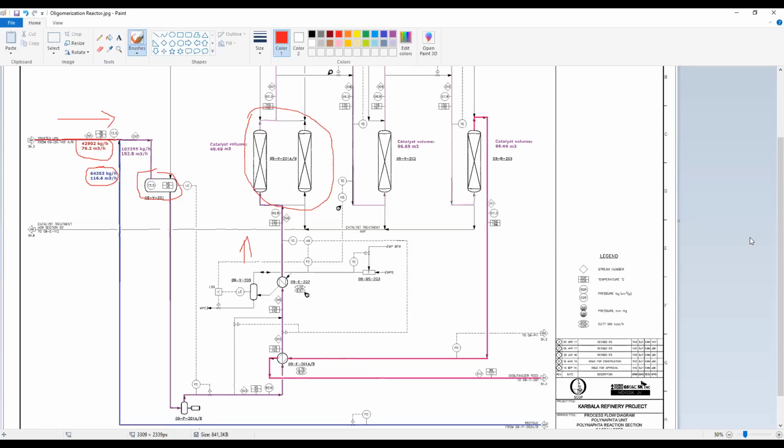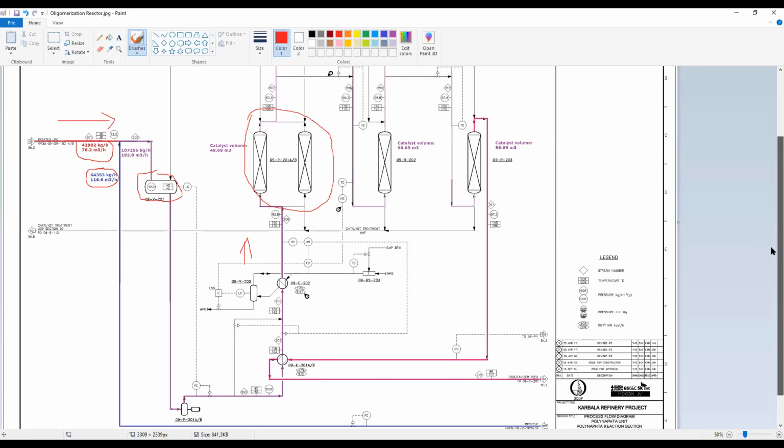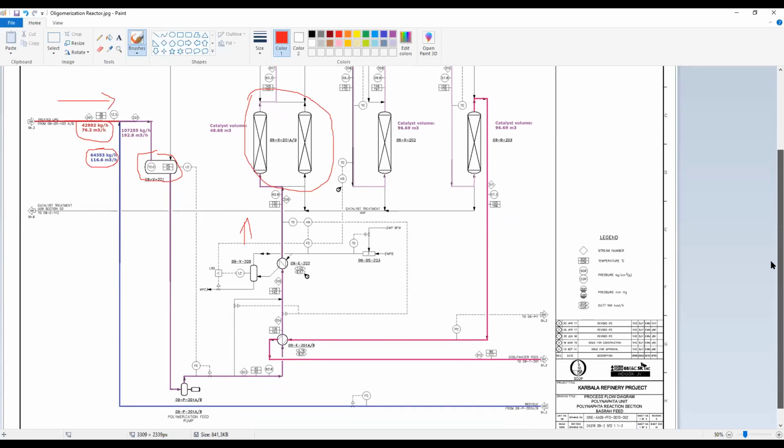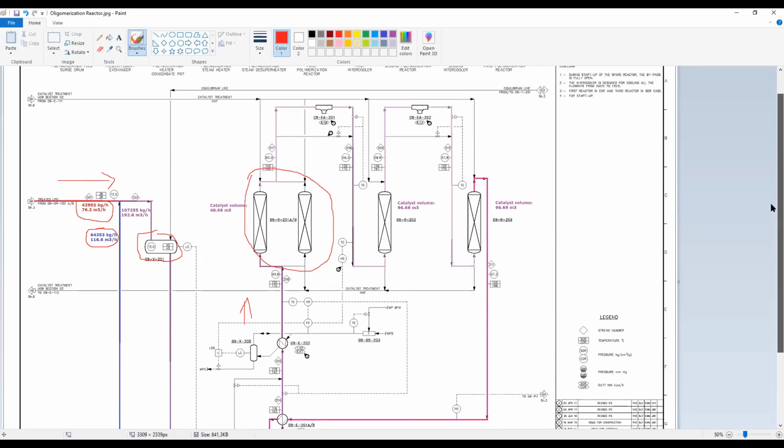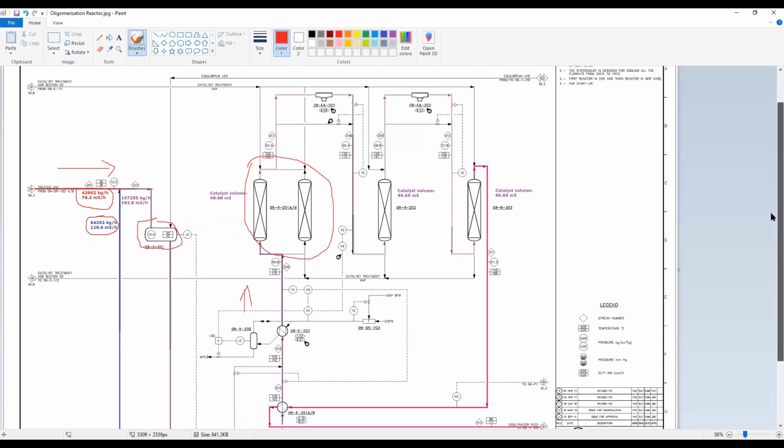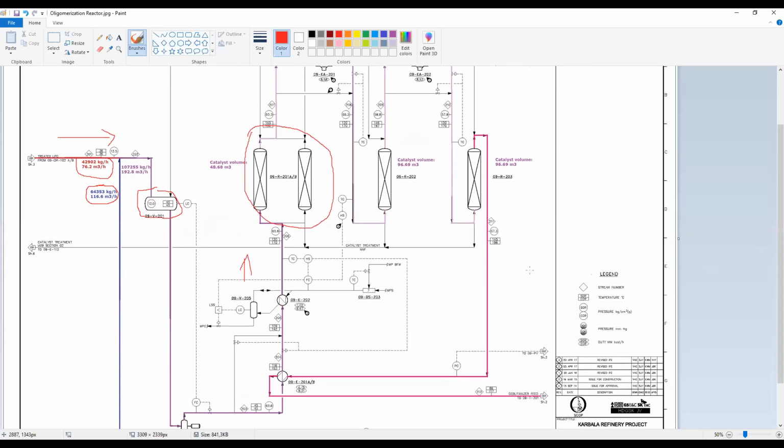So this is more or less the PFD for this unit. You have the three reactors, and then the outlet of reactor 3 will go to this heat exchanger, and then you will get the appropriate temperatures to go to the debutanizer column.